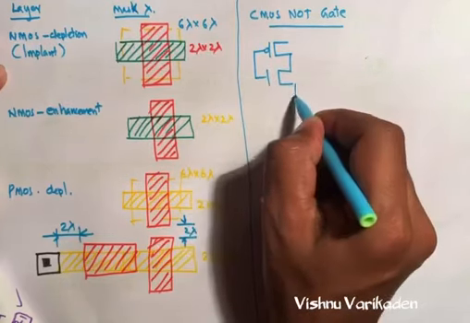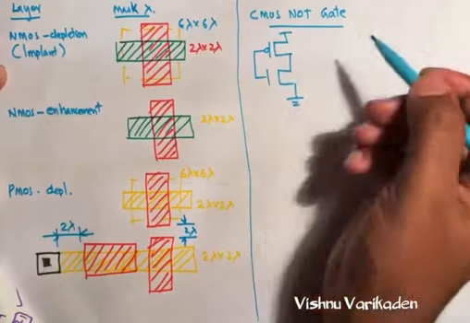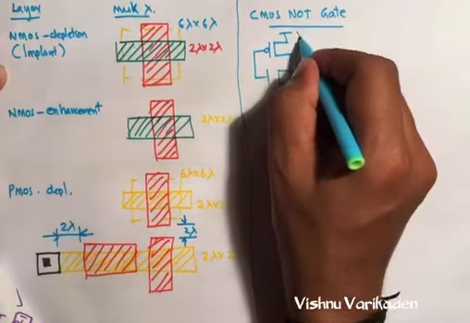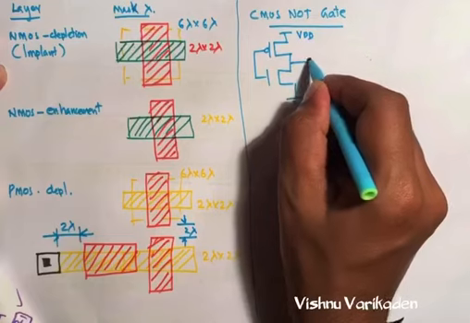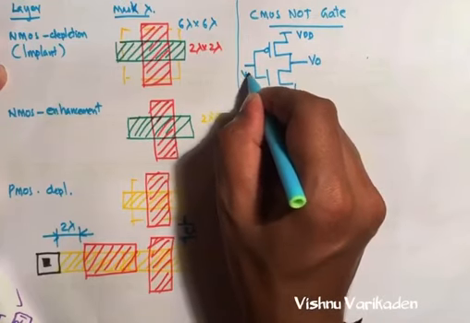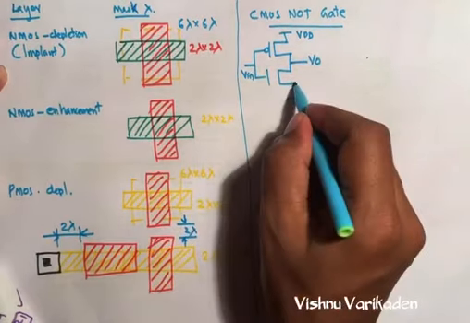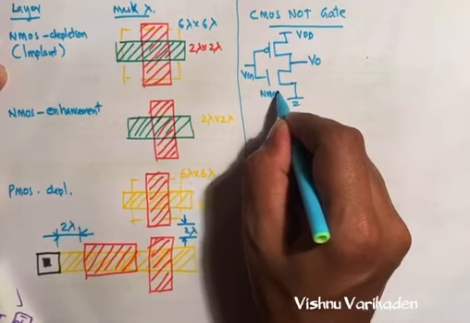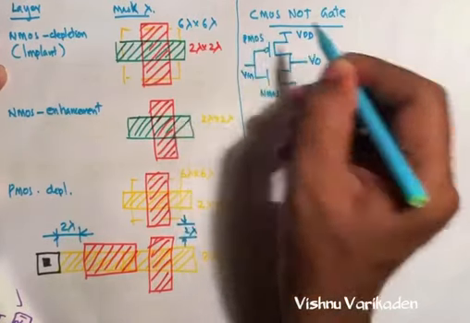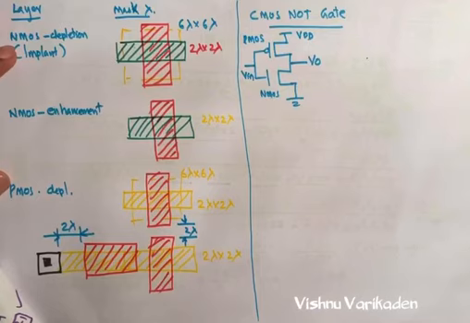This is our diagram. This is our VDD and this is our Vout. This is our Vin. So this is NMOS and this one is PMOS. So we can make this by how to write the stick diagram and how to make the layouts.